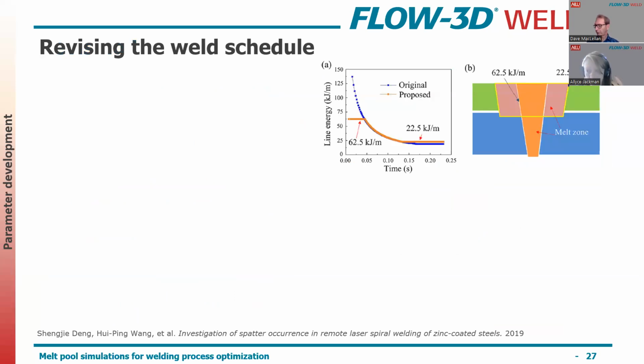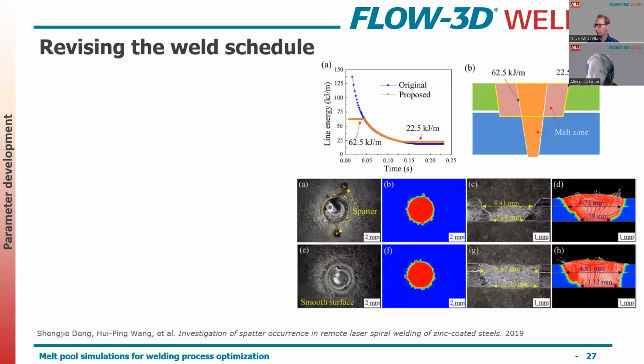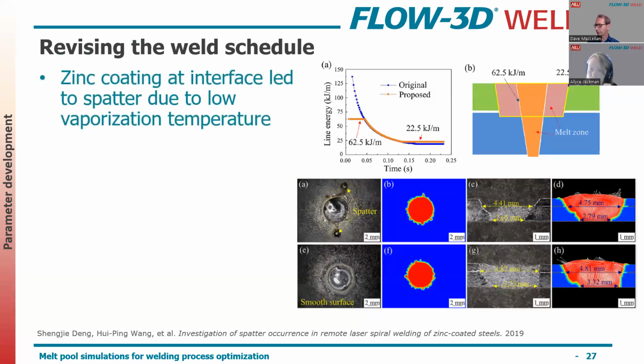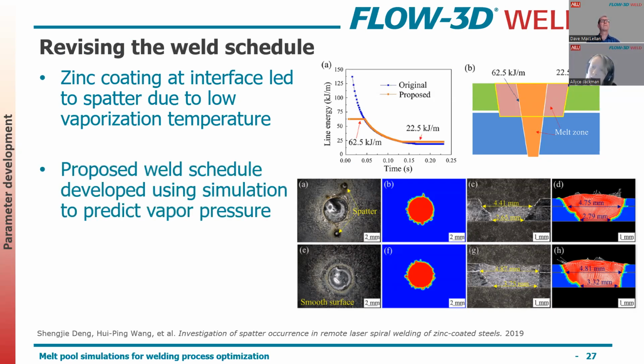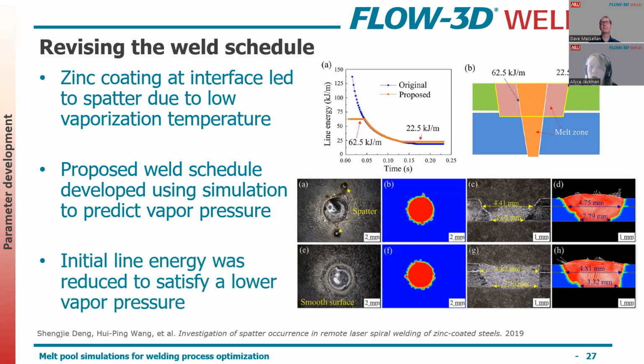So in this case, they actually did revise their weld schedule based on what they got from the simulation. They used the simulation to understand where that zinc coating was going to vaporize due to the pressure that was predicted in the simulation. And then they proposed a weld schedule using different process iterations that they were able to simulate to lower the pressure in those certain areas.